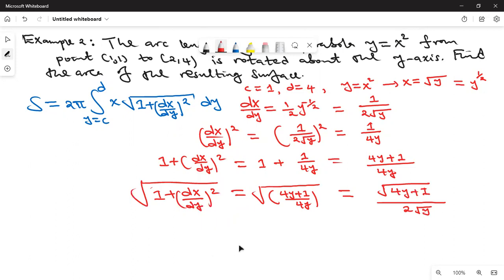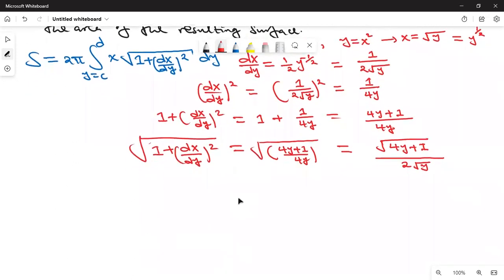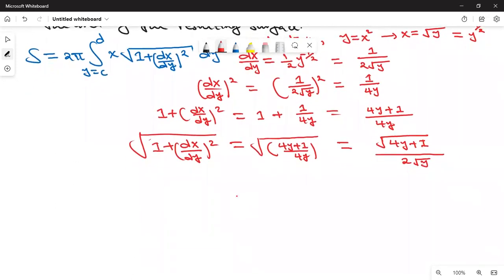And then lastly, we need x times the square root of 1 plus (dx/dy) squared. Look at our x.